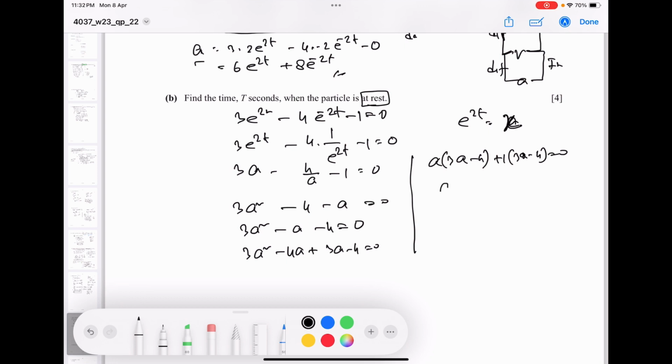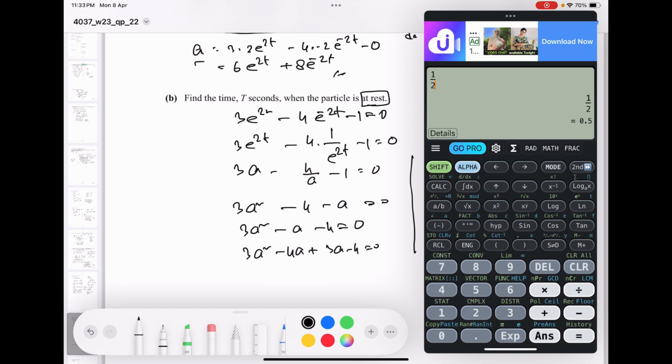So a equals 4 by 3, with a here as e^(2t). So 2t equals ln 4/3, and t equals 1/2 ln 4/3. Now a = -1 is not acceptable because e^(2t) cannot be negative.